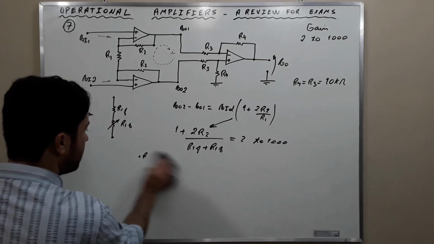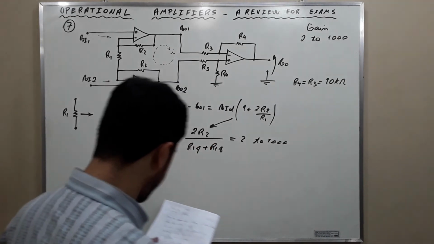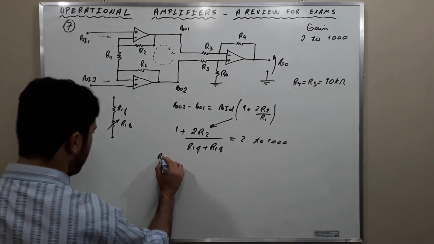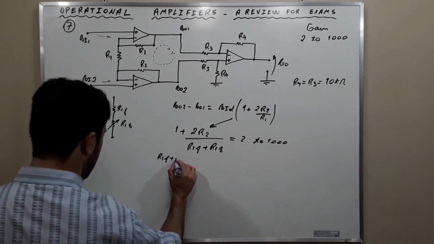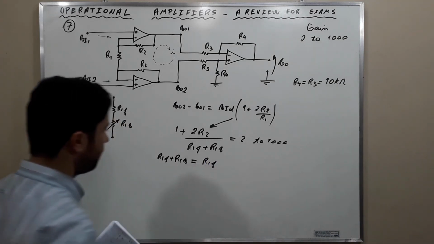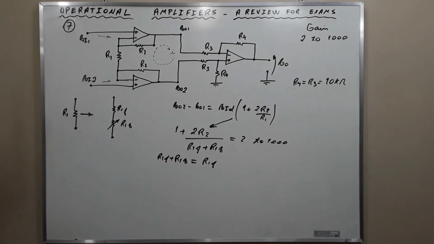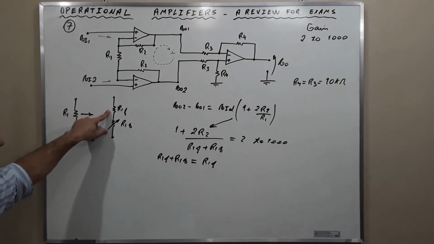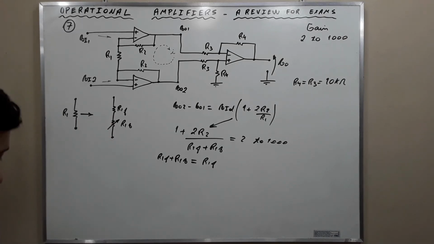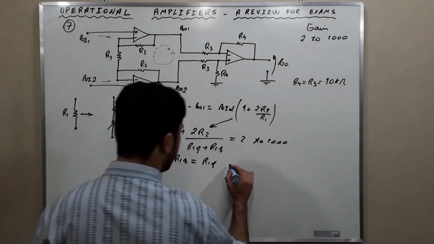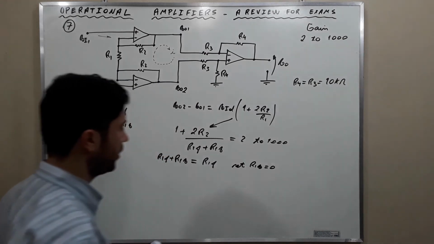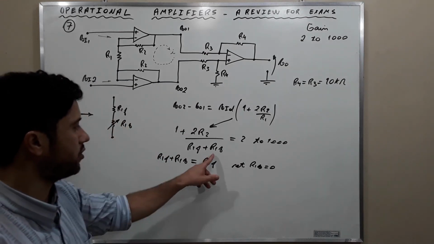let me write it here so you guys will be able to understand it better. The maximum gain occurs when R1F plus R1V is equal to R1F. Okay? We cannot vary R1F. R1F is fixed. R1V can be varied. We are going to set R1V to 0, and this is going to give the maximum gain possible.